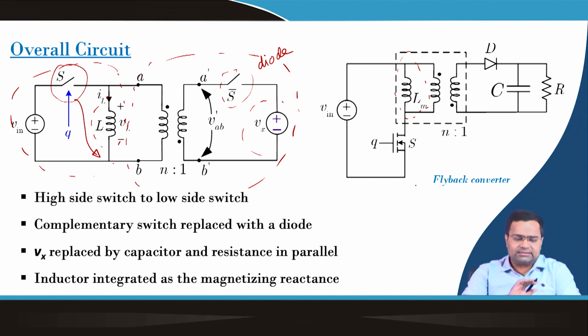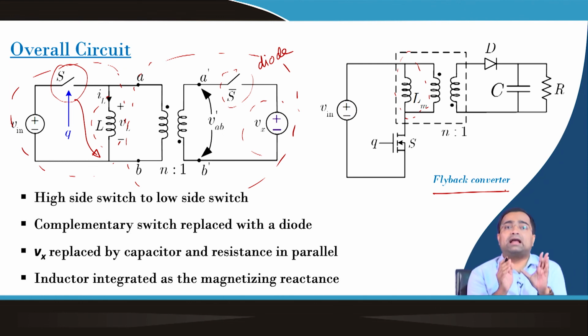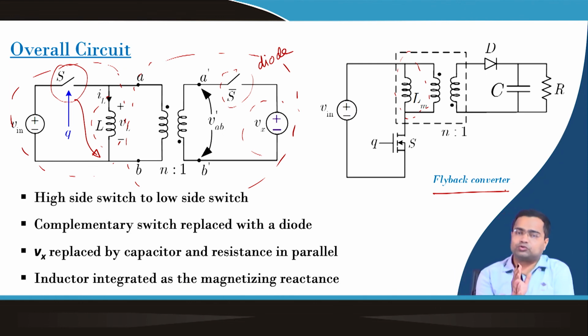So by this variation, starting from a non-inverting buck boost converter, if we add the transformer and modify the circuit, then we come to the flyback converter. So the flyback converter is an isolated version of the non-inverting buck boost converter with a positive output.